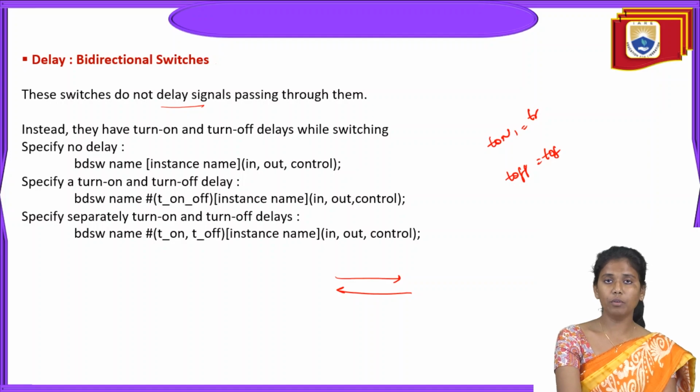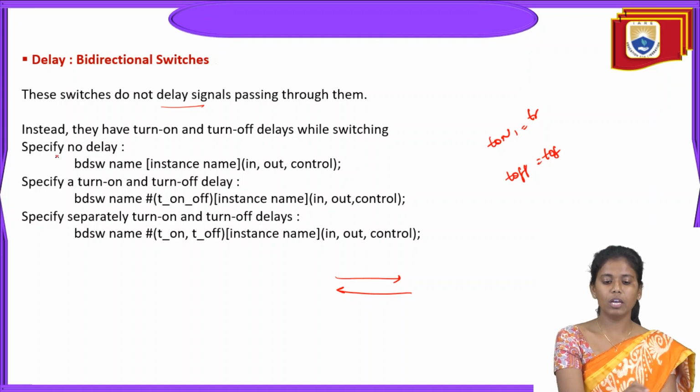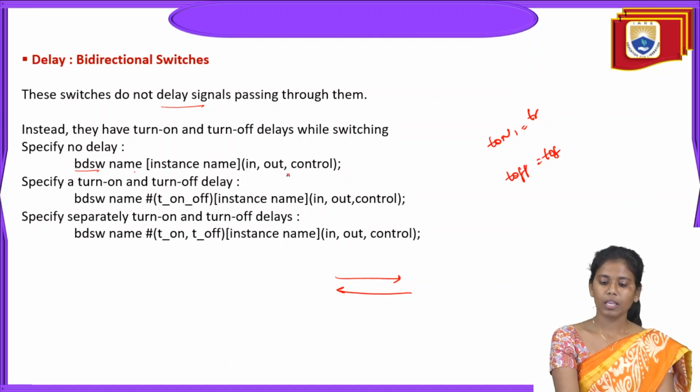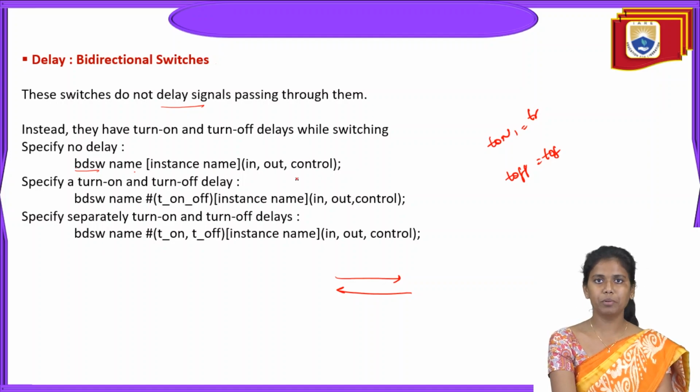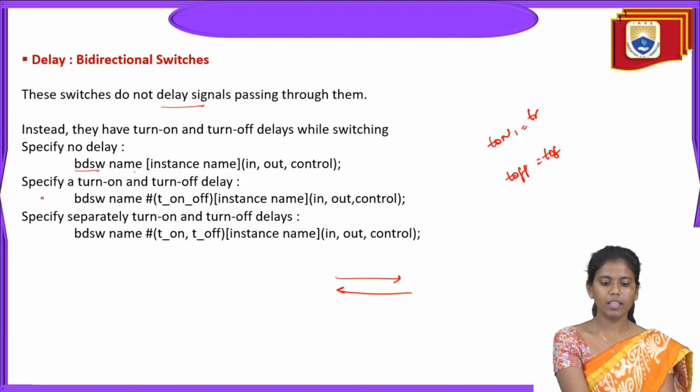Here we will see how we specify all such delays. When we specify no delay, this is a bidirectional switch, BDSW, the name of a switch, and the instance name is optional, we all know well. Then the port list representing the input and output ports: in, out and control. And then specify a turn on and turn off delay.